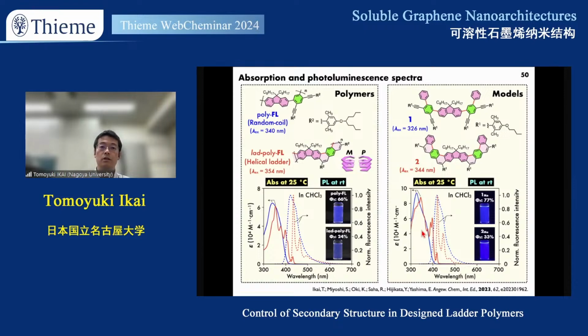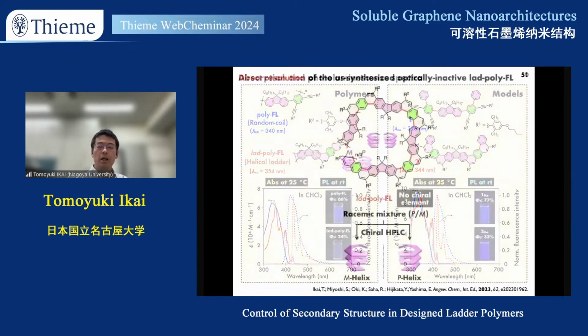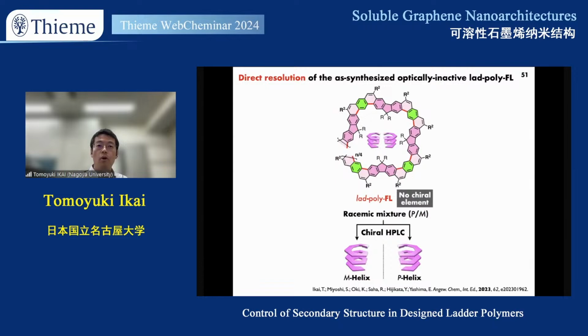All these spectral data, including IR, NMR, and absorption and PL, strongly supported the defect-free formation of the helical ladder structure. And to obtain more evidence of the helical structure of this achiral monomer-based ladder polymer, we tried the direct resolution of this polymer by chiral HPLC.